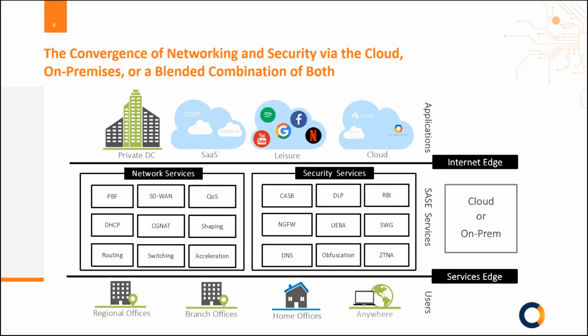So I need to have visibility on how much bandwidth is utilized by which user in accessing which application. This is the kind of visibility that we provide in our solution.